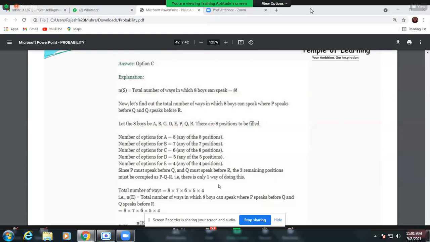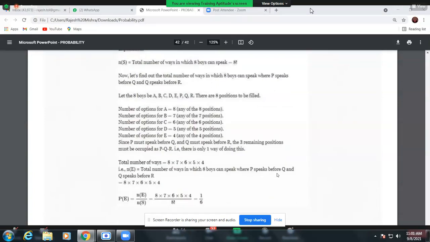So they become one unit. This is your food for thought. P and Q and R, one after the other, they can't be interchanged, so there is only one way. So the total number of ways is 8 times 7 times 6 times 5 times 4. Yes or no?